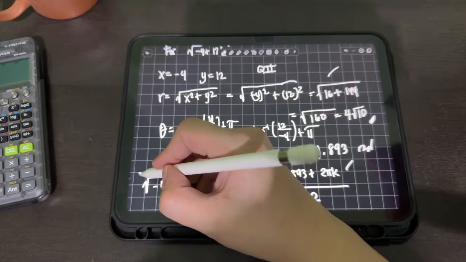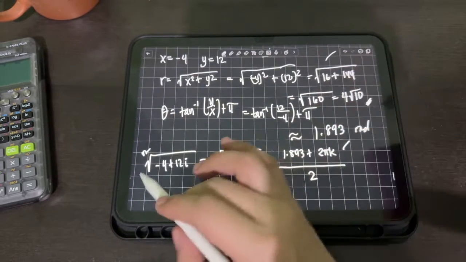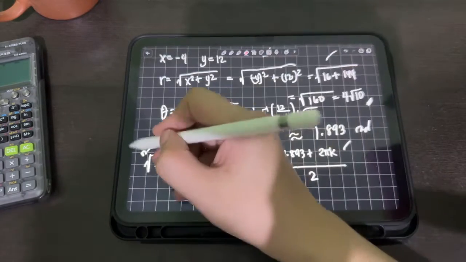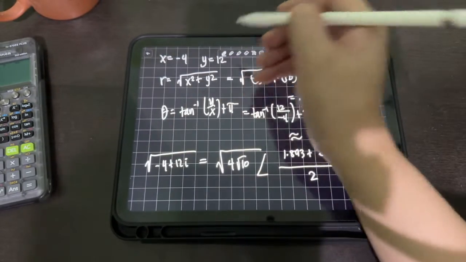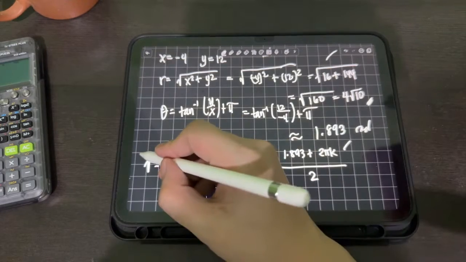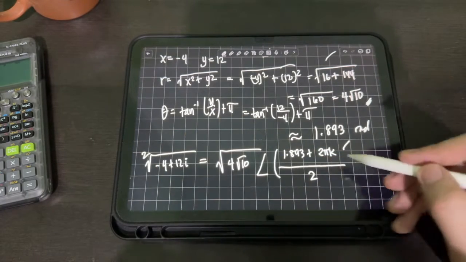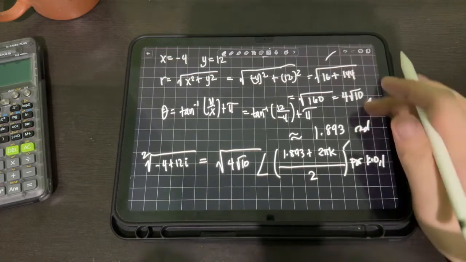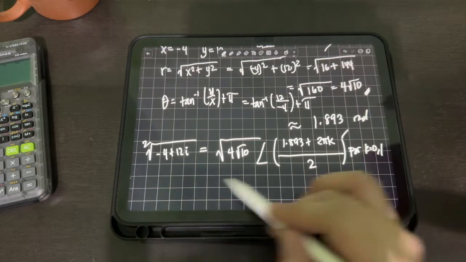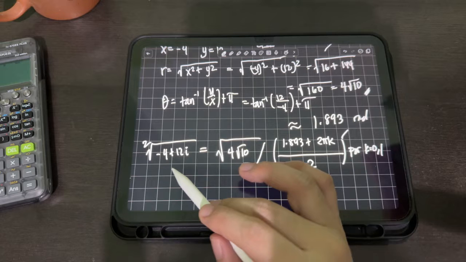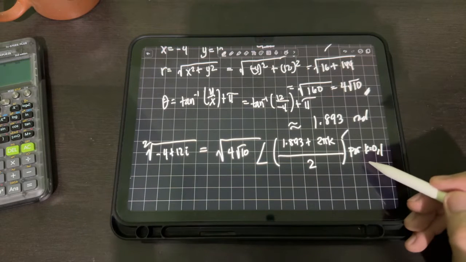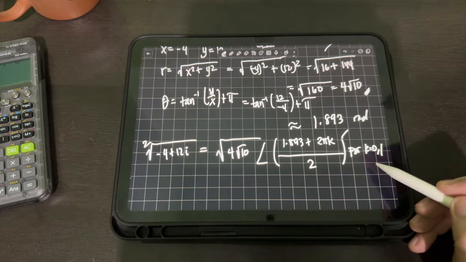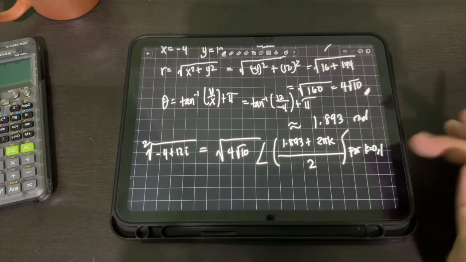The n here, or the index, is 2. It is an invisible 2 if the radical is a square root, right? And this will run for values of k, 0 and 1, so that we will have two corresponding square roots of negative 4 plus 12i, when we set first k to 0, and then when we set k next equal to 1.